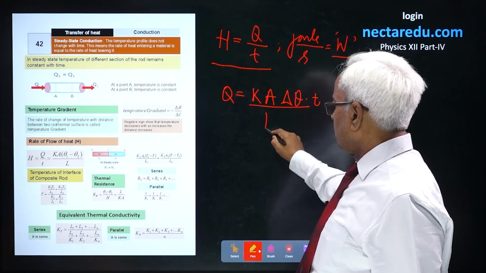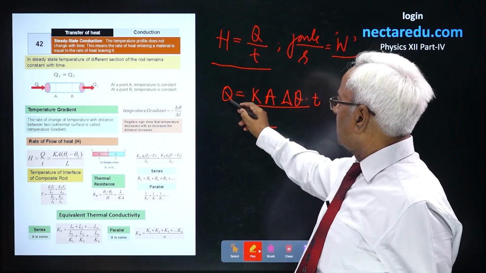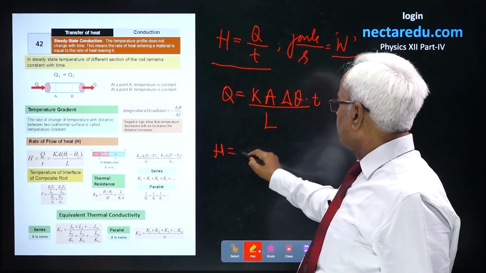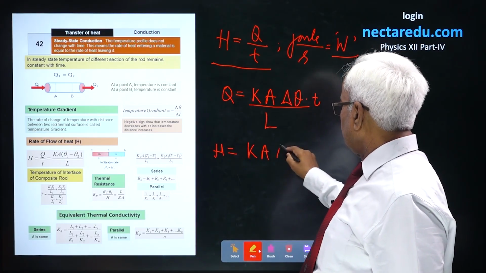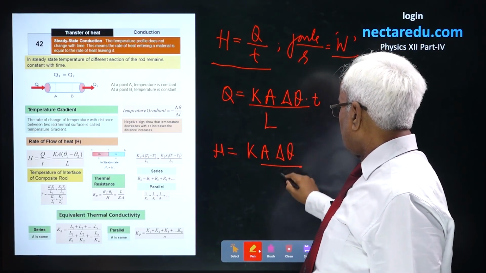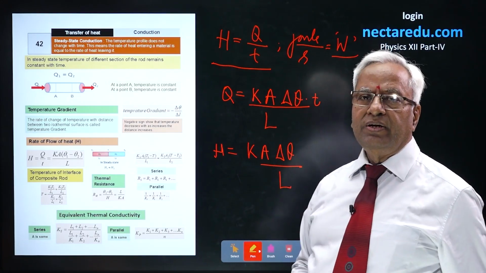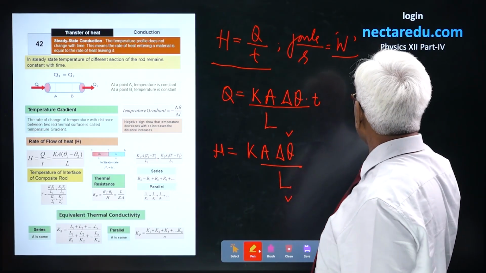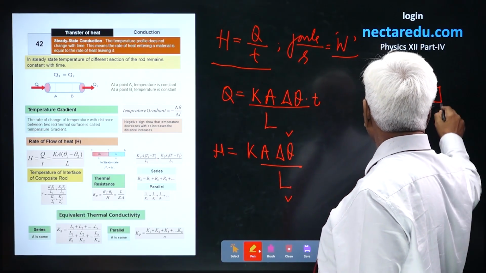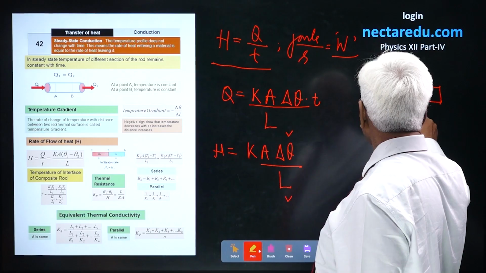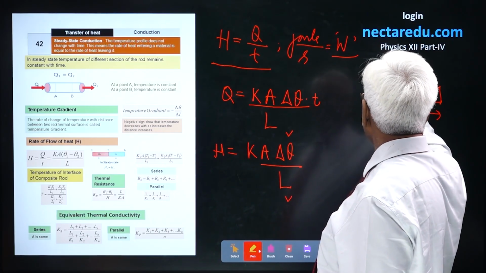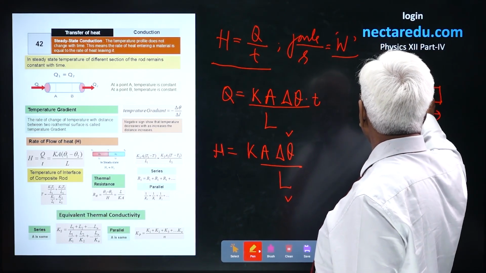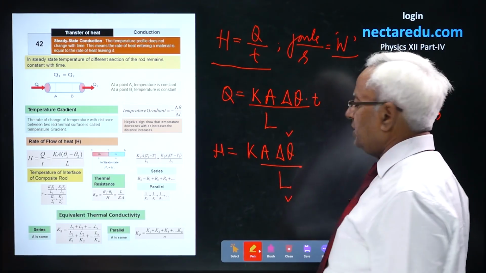T upon L. Q by T you could say H. So you get the relation H equal to Ka delta theta upon L. It is the temperature difference and it is the distance. Suppose this is the part of conductor and this is distance delta L. Temperature difference between the two ends is delta theta.